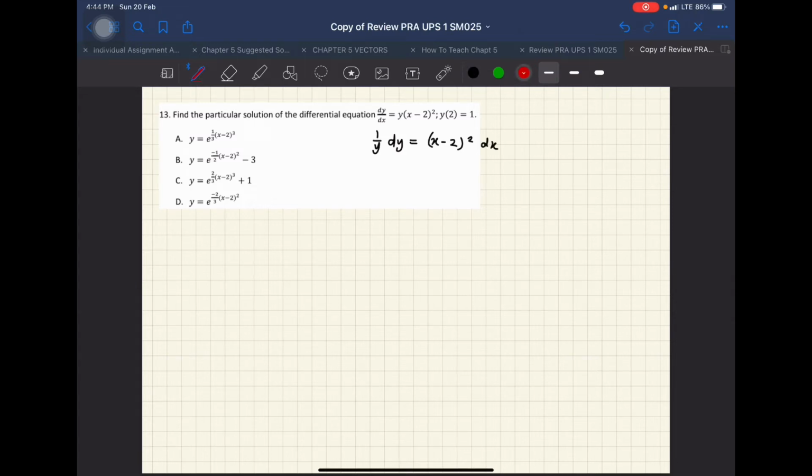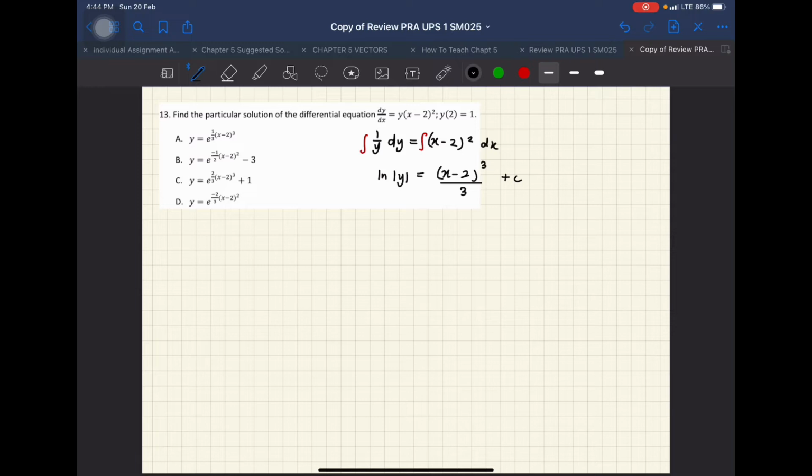Now let's integrate both sides. So you will get ln y is equal to (x minus 2) to the power of 3. Now your power has become 2 plus 1, and then divide by the new power that you have, which is 3, plus c.